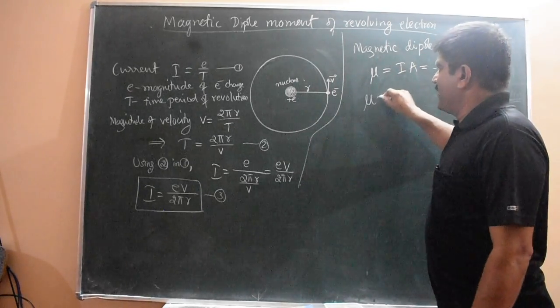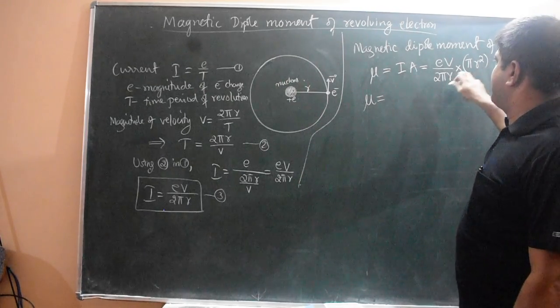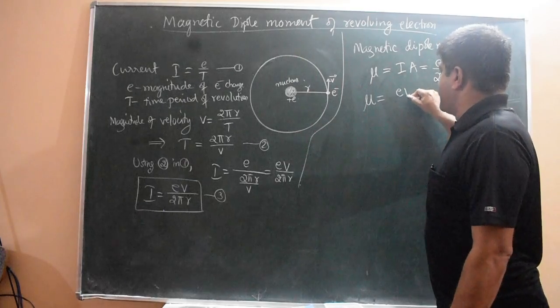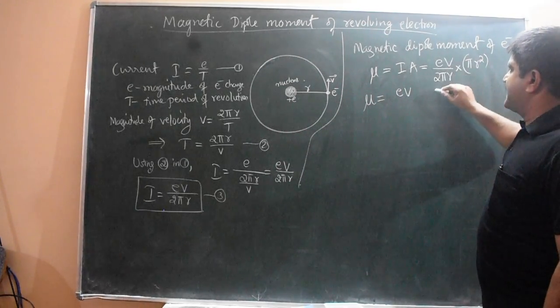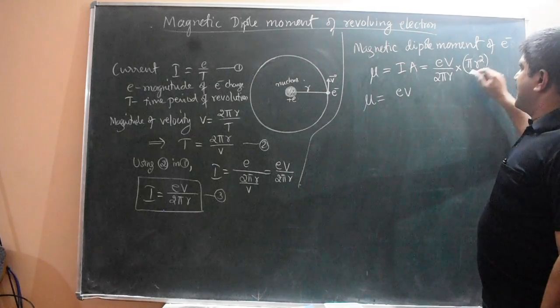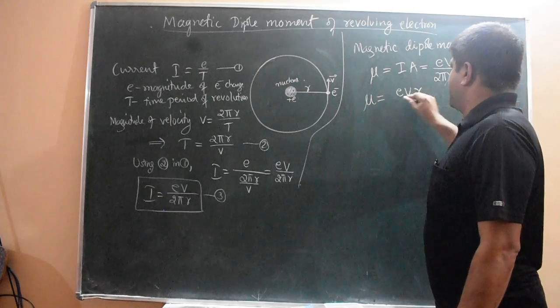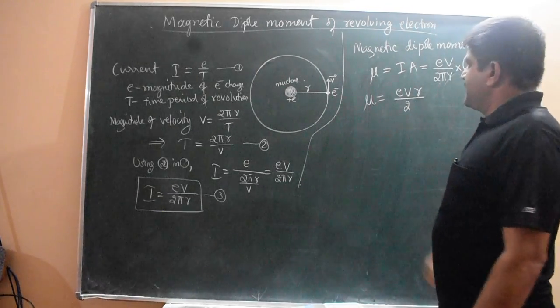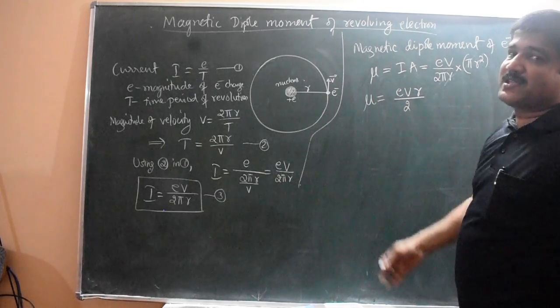Now mu equal to, you see, r square by r cancels, one r remains, and pi cancels. So what remains is e v r divided by 2. Now I can multiply numerator and denominator by the mass of the electron.